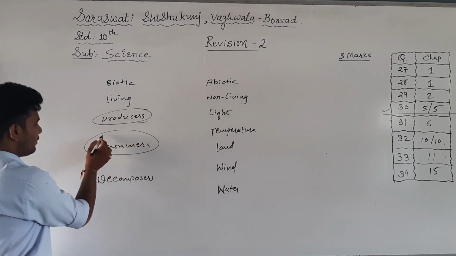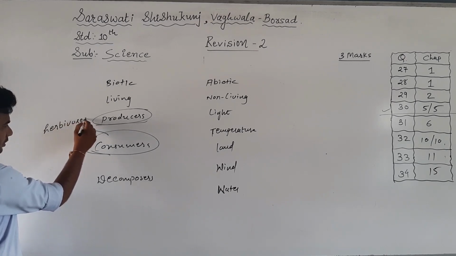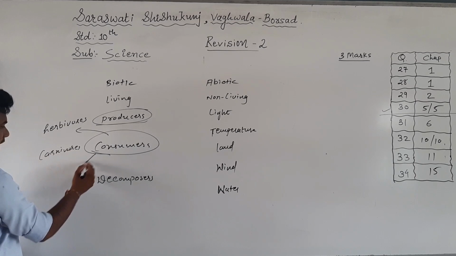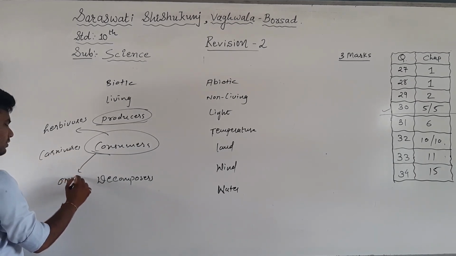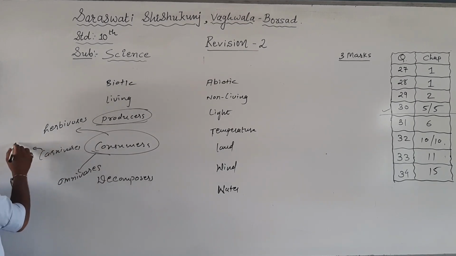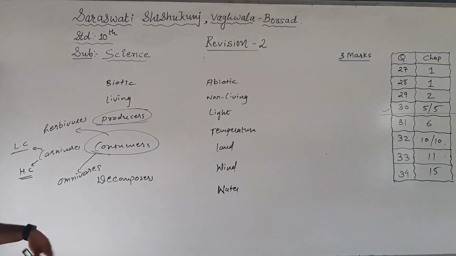In consumers we can also think about herbivores, carnivores, and omnivores. And in carnivores also we can think about lower level carnivores and higher level carnivores, right? We can also think about the trophic levels of it.